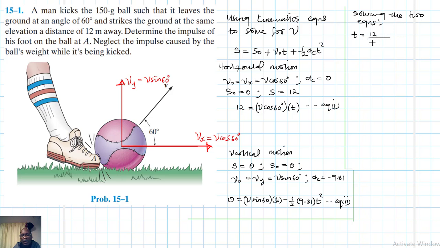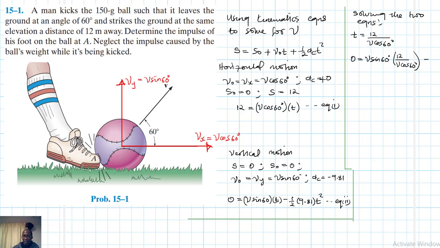Replacing it in the other equation, we'll have 0 equal to v sine 16 by 12 divided by v cos 16, minus half.